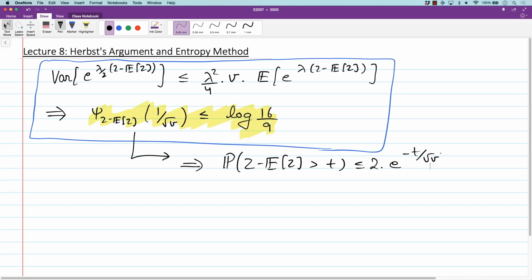And what we noticed was that this first inequality, the functional inequality that we need, can be established by the Efron-Stein inequality.